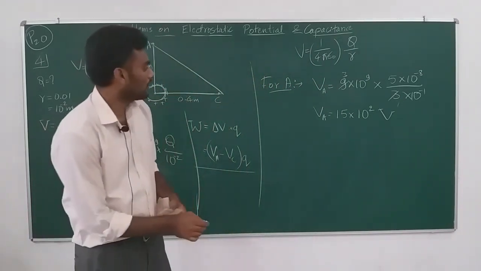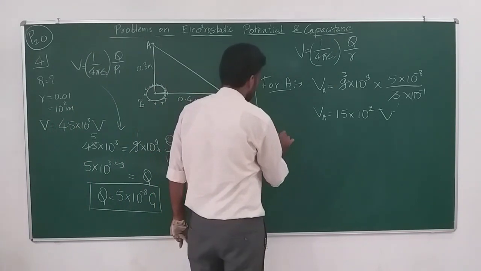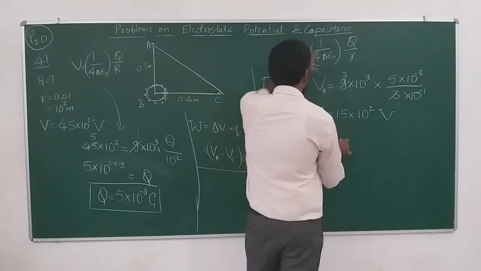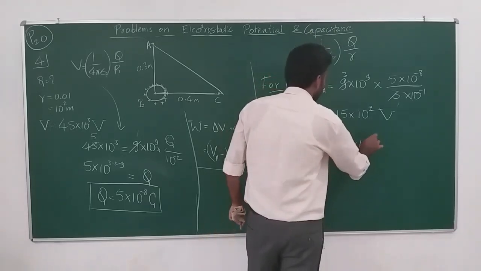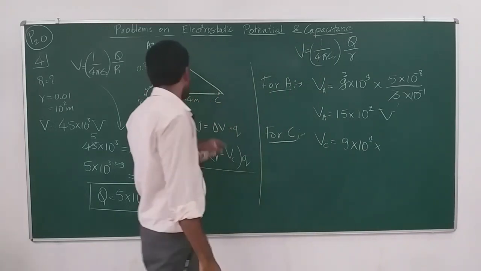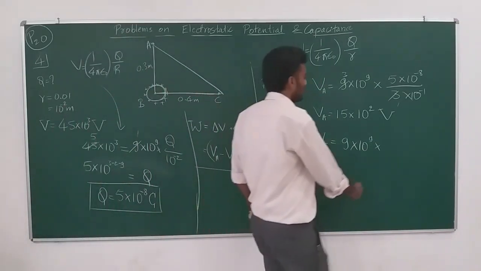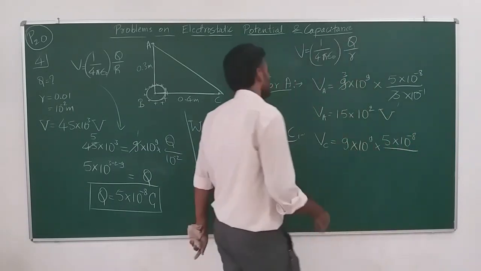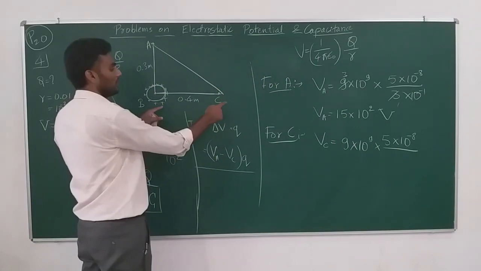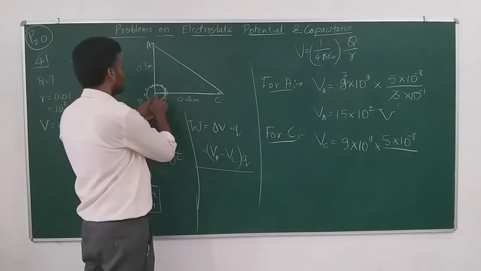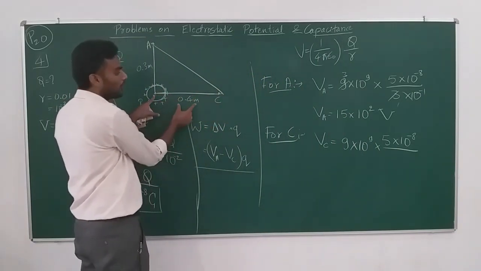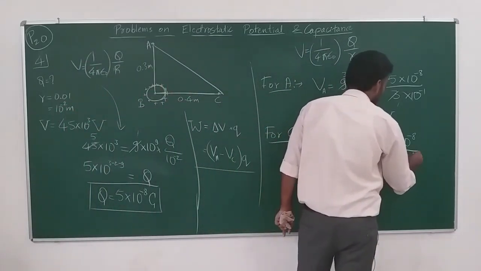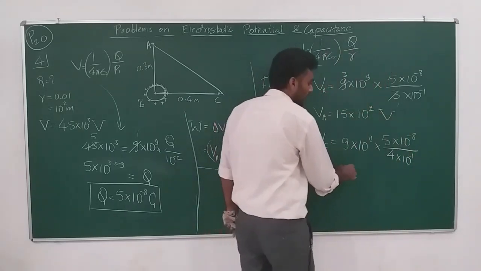Now similarly for point C, Vc is equal to 1 by 4 pi epsilon naught, 9 into 10 to the power of 9, into the charge, which is the same for both A and C, 5 into 10 to the power of minus 8, divided by the new distance for point C. Okay, so that R is the distance from the center of the charged body to point C, which is 0.4 meter, which is 4 into 10 to the power of minus 1 meter.